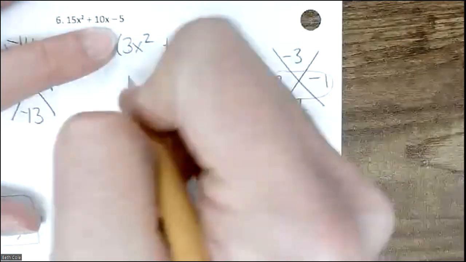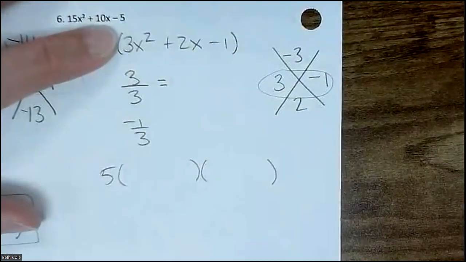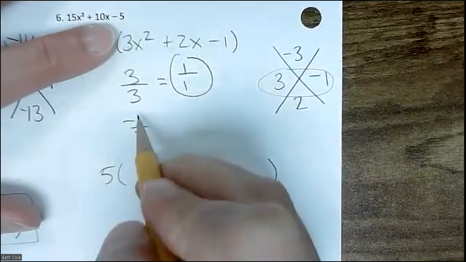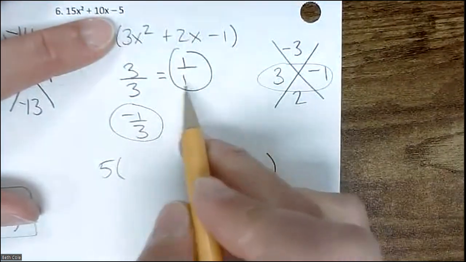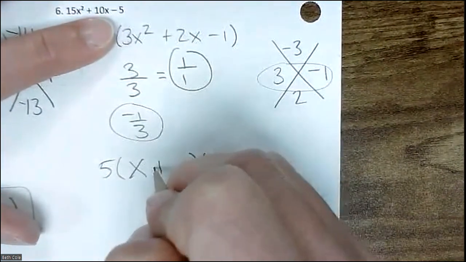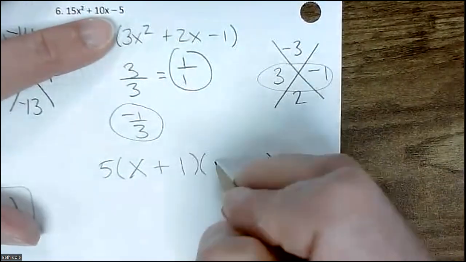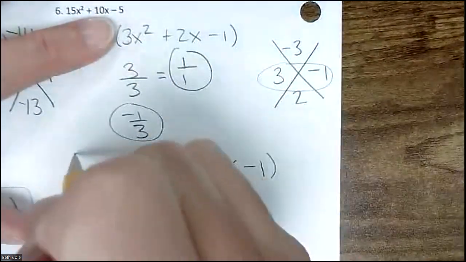Are you guys seeing that there? So how is 3 over 3 weirdly going to reduce? That'll be 1 over 1. This one's already good. So what are you gonna put in your first parenthesis? Well, it'll be x plus 1, and then this one will be 3x minus 1. If you had them written the other way around, that's totally fine.